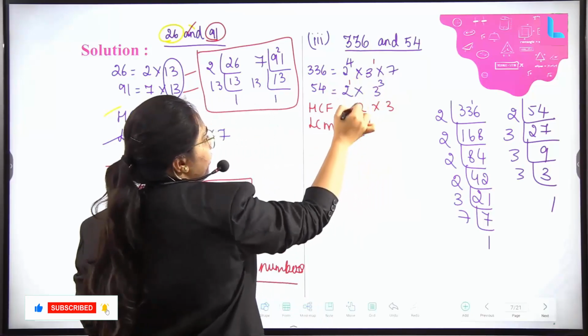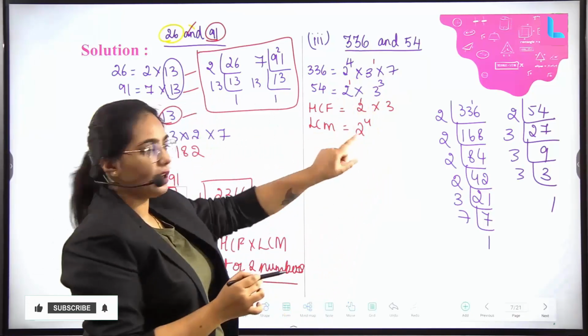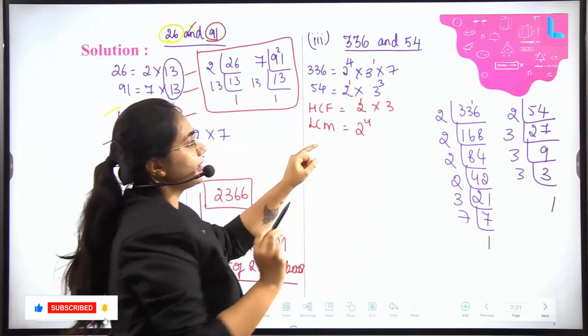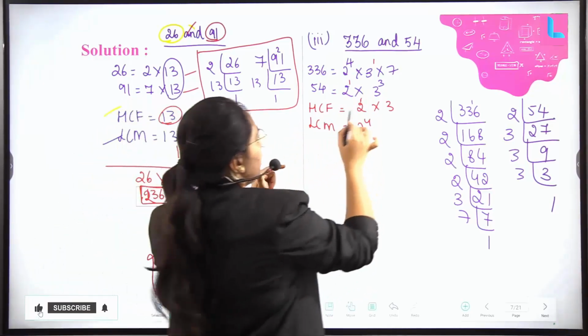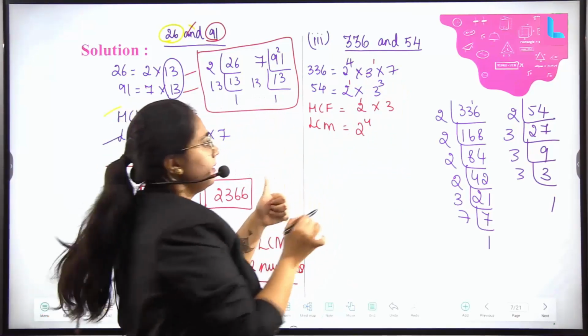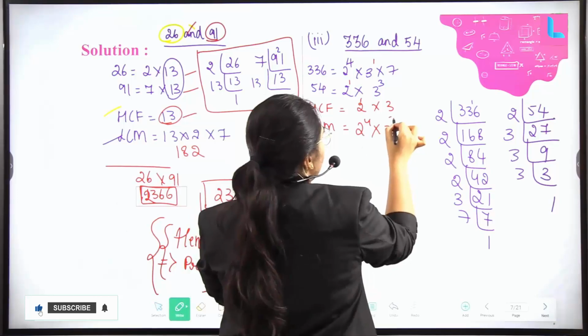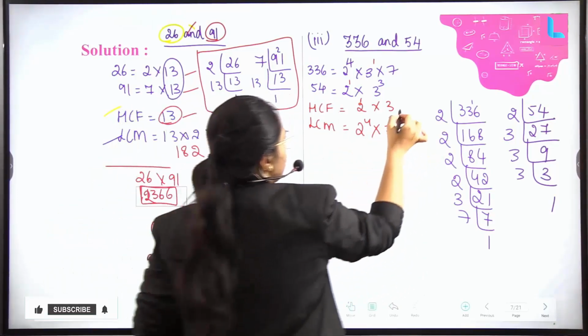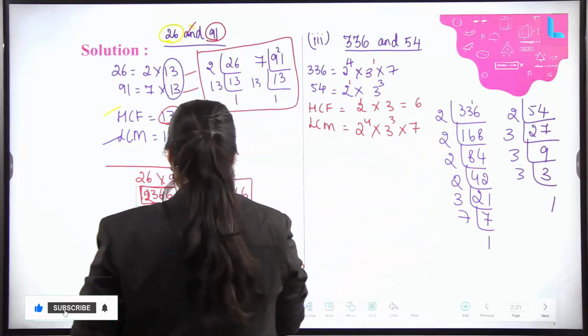Out of 1 and 4, 1 is the least, so for HCF you consider the least power, and for LCM out of 1 and 4, 4 is the greatest, so you consider 4. It's the same with 1 and 3: 1 is the least, so consider 1, and 3 cubed for LCM, and the rest is 7. So the answer is 6 over here.